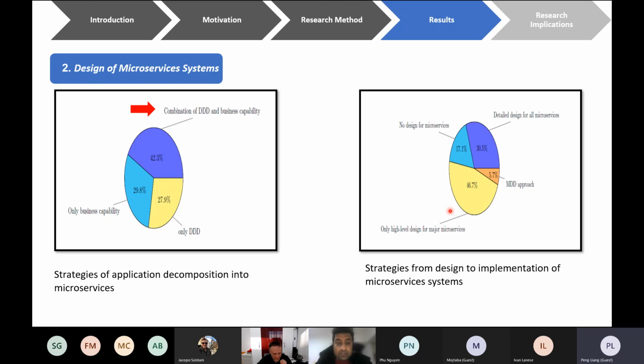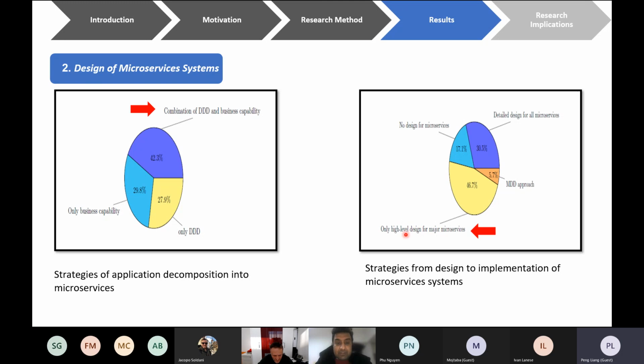Another question was regarding strategies from the design to the implementation of microservices systems. The majority of respondents mentioned that they only do high-level design for major microservices. Again, to understand the reason behind this finding, we asked the interviewees.